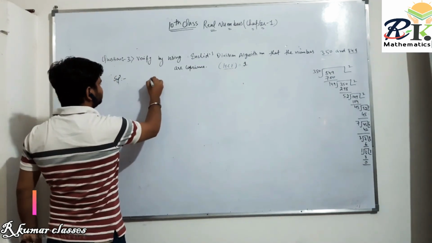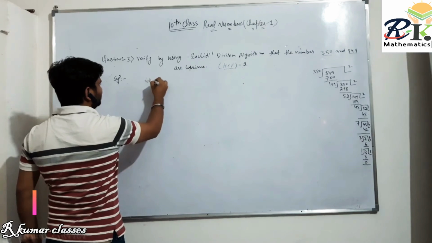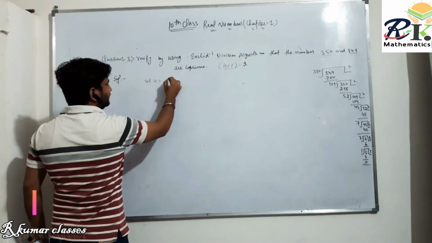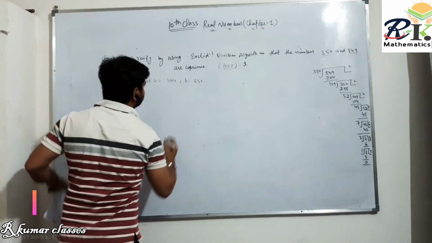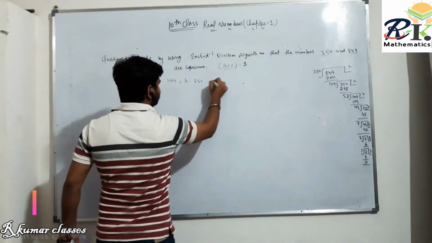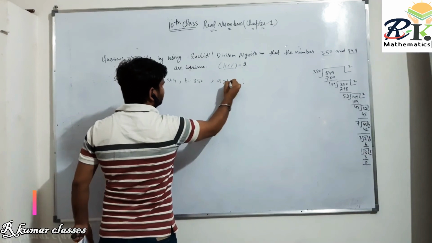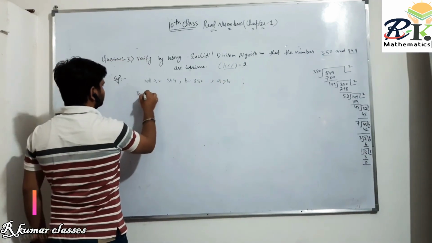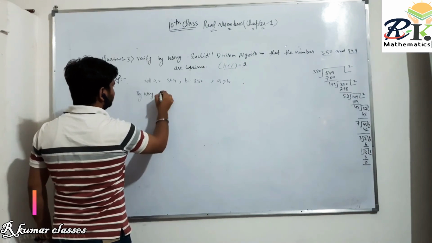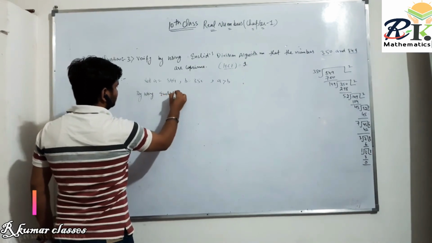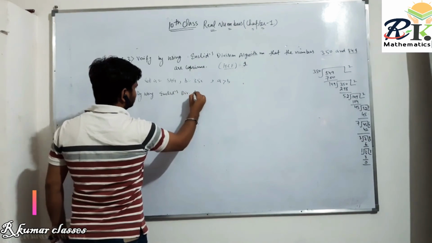So let a be equal to 849 and b be equal to 350. So a is greater than b, using Euclid division algorithm here.